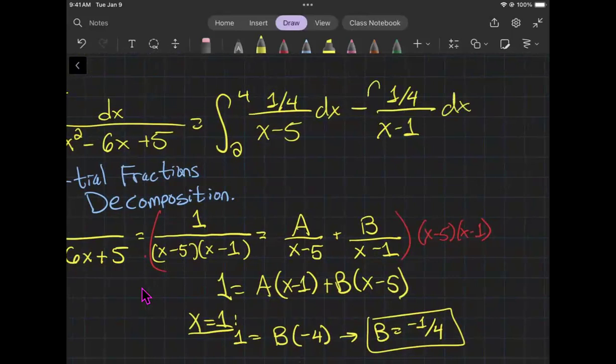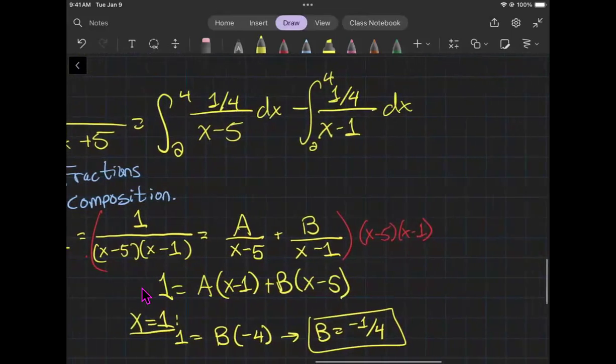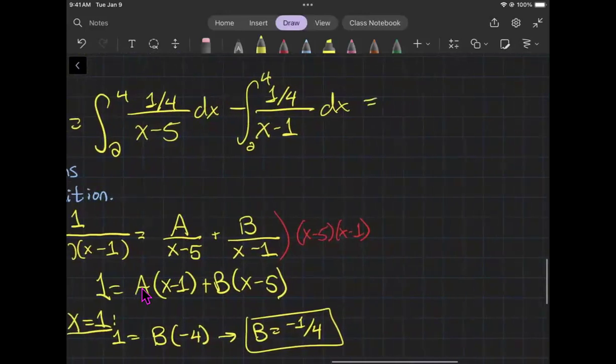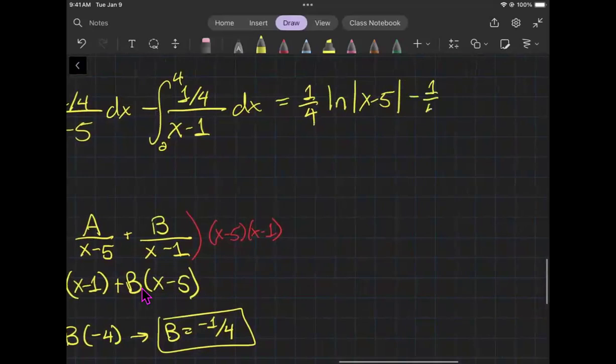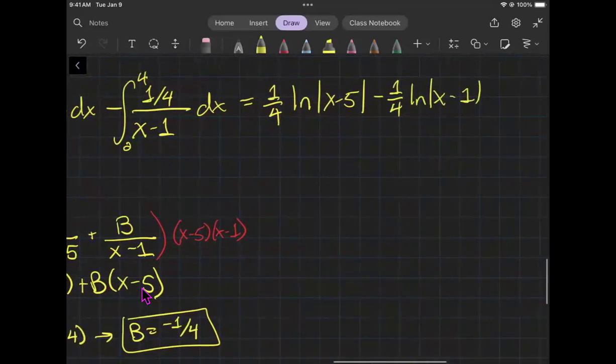Okay, 2 to 4. And so this equals 1/4 times the natural log of the absolute value of x minus 5. And then I'll have a minus 1/4 times the natural log of the absolute value of x minus 1. And this goes from 2 to 4.